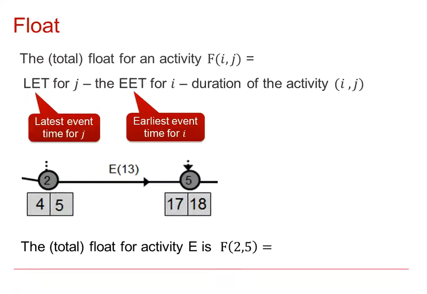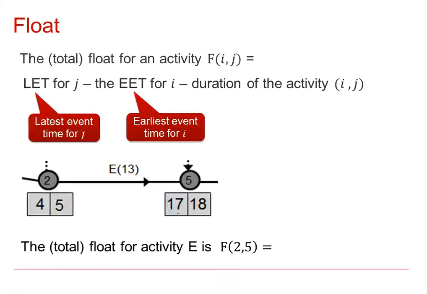So the total float of an activity, defined for example Fij, is the latest event time for j, take away the earliest event time for i, take away the duration. So for example, if we had this situation here, we've got an activity E which lasts for 13. The earliest event time is 4, so the earliest it can start is 4, the latest it can start is 5.